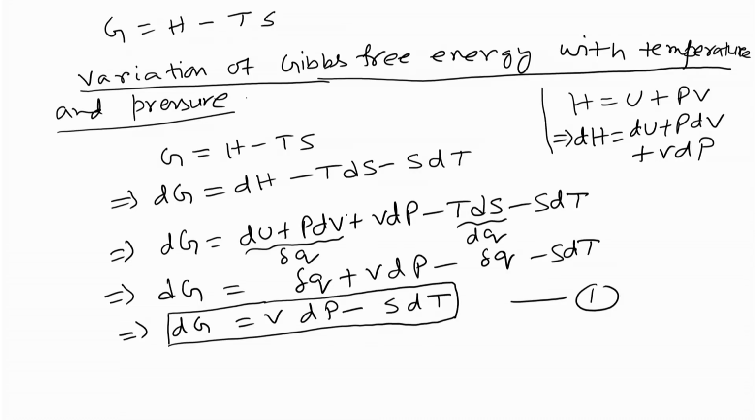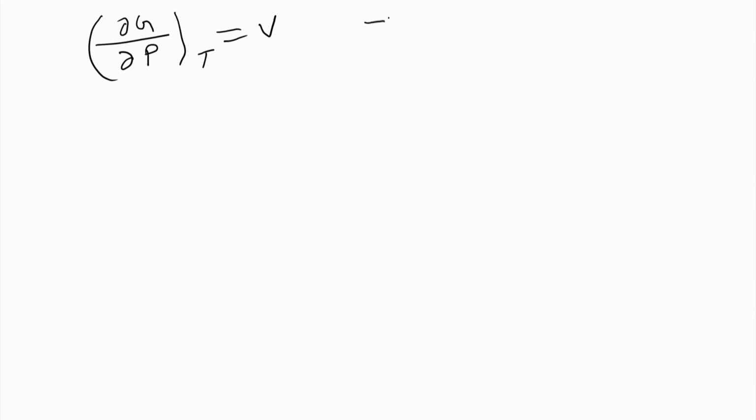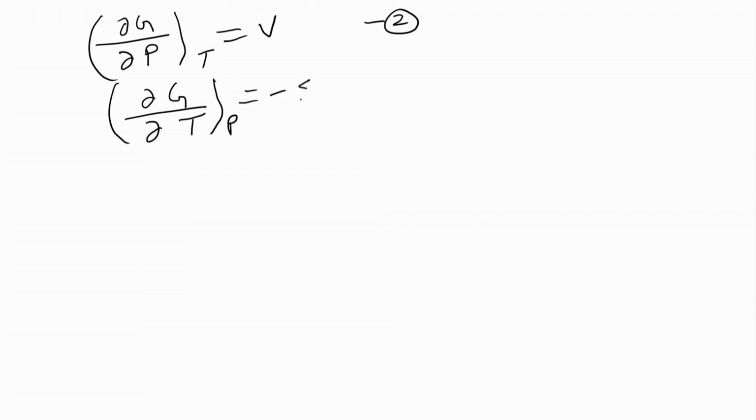From there we can write del G by del P at constant temperature gives volume. So if we vary G with pressure at constant temperature, we get volume. Suppose this is our equation 2, and del G by del T at constant pressure is minus S. This is our equation 3.